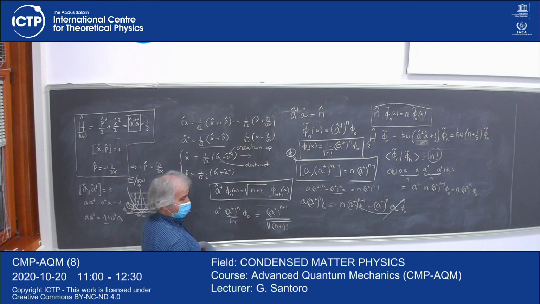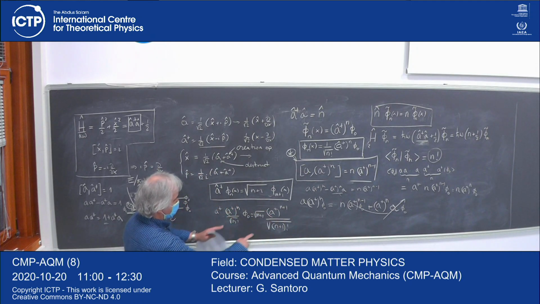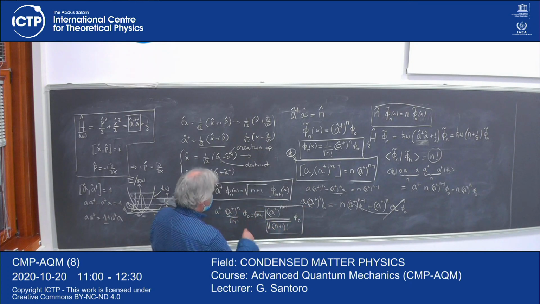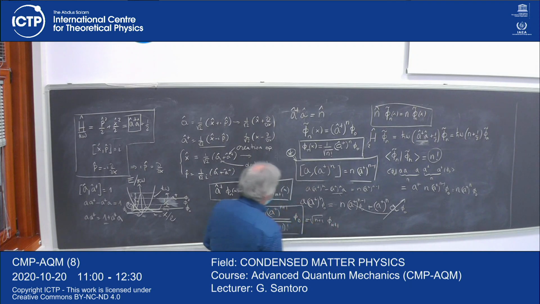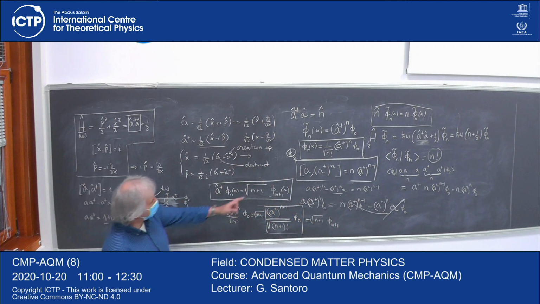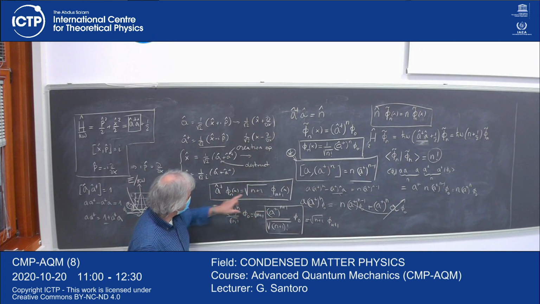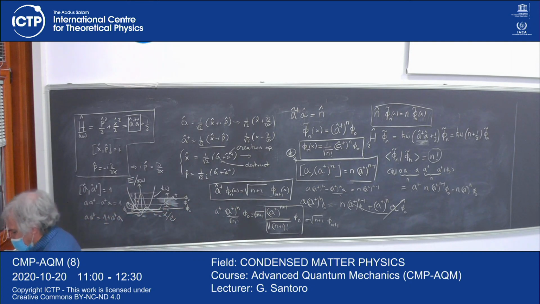There was no n plus 1, so I have to include an extra square root of n plus 1. In this way, the two things are the same. Now I read that this is phi n plus 1, and I am done. So there is an extra square root factor that you have to pay if you want this space to be correctly normalized.